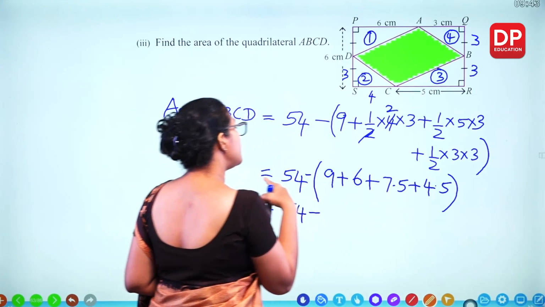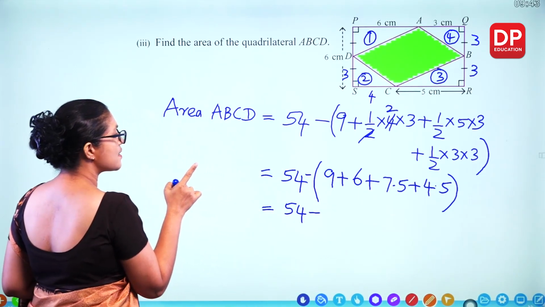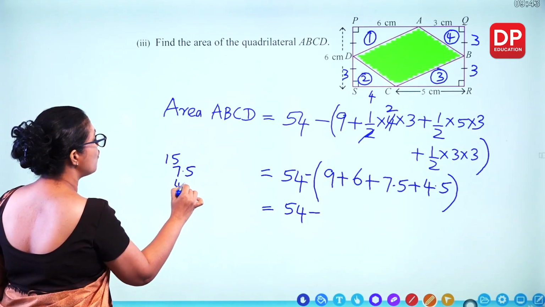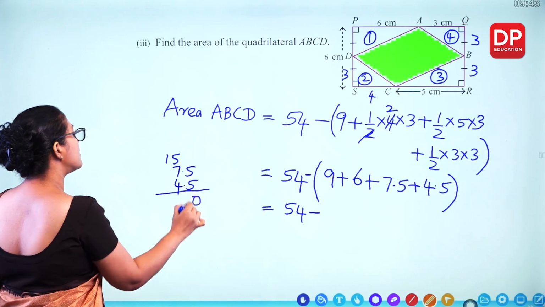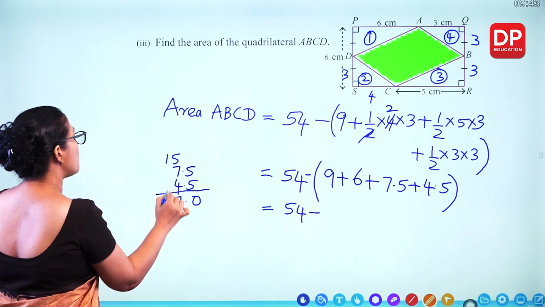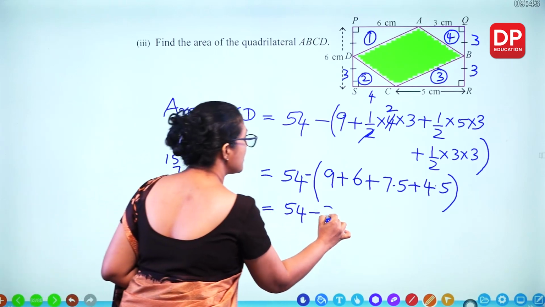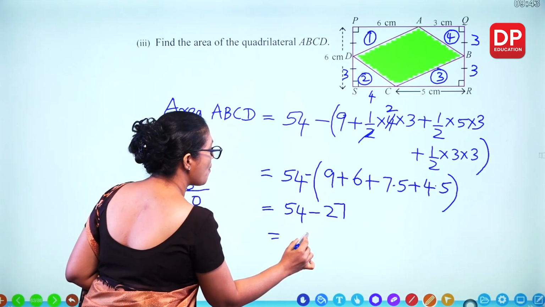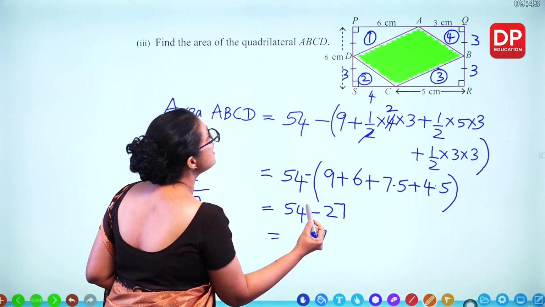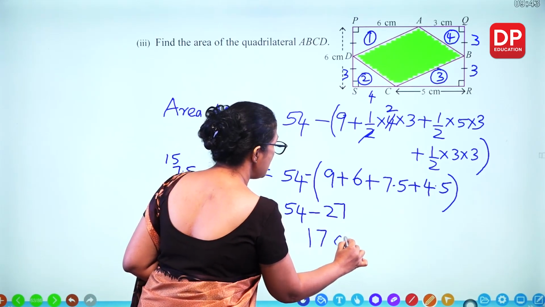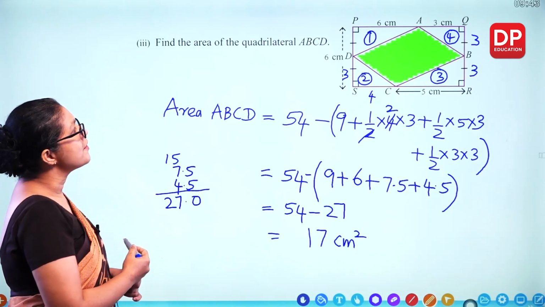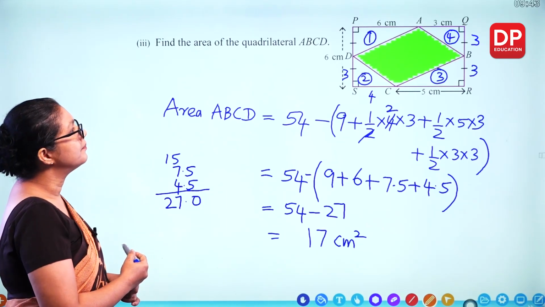When you add all these, 9 plus 6, 15. 15 plus 7.5 and 4.5. You get 27. Subtract 27 from that, you get 17 square centimeters for the area of the quadrilateral ABCD.